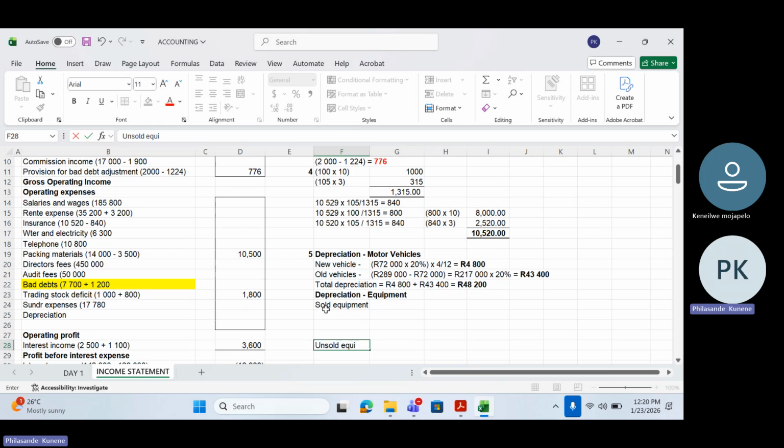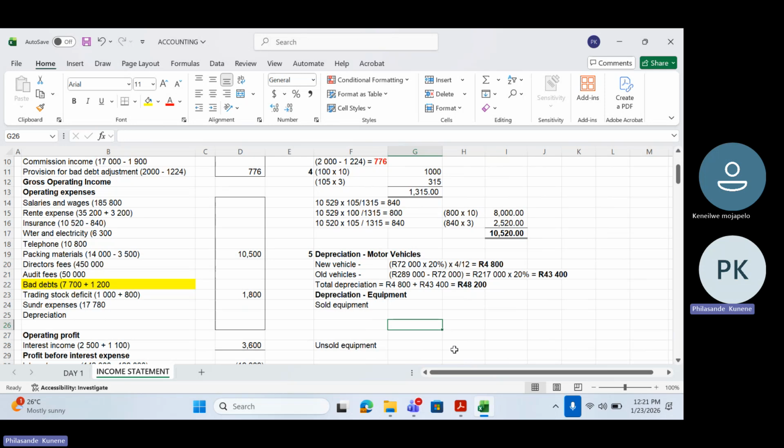Am I right? Yes, I will calculate the depreciation for the sold equipment, and then for unsold equipment. Let's start with the sold one. The ones that remain with us, the old equipment or unsold equipment, let's do them at the end.